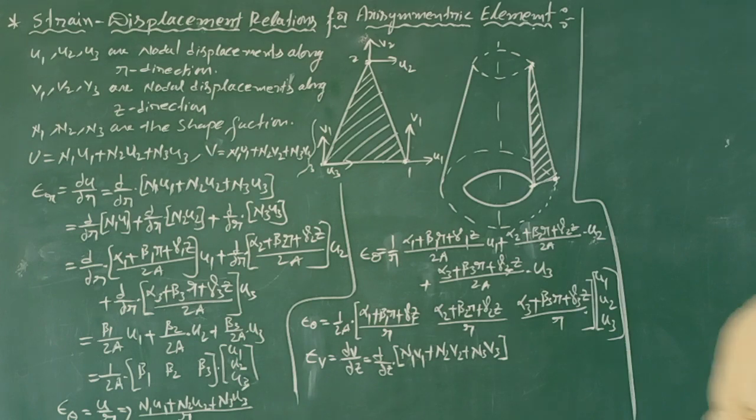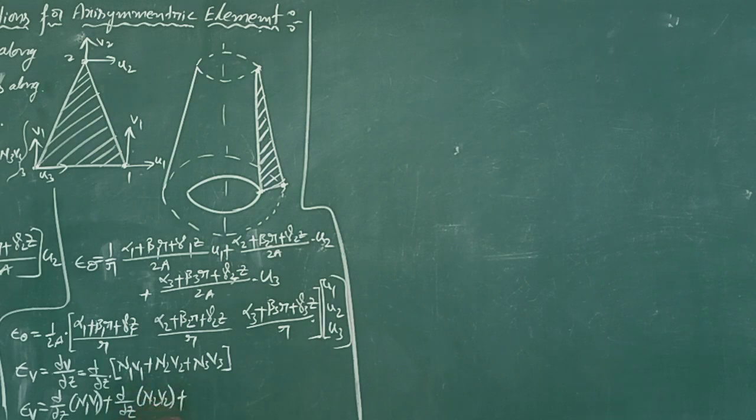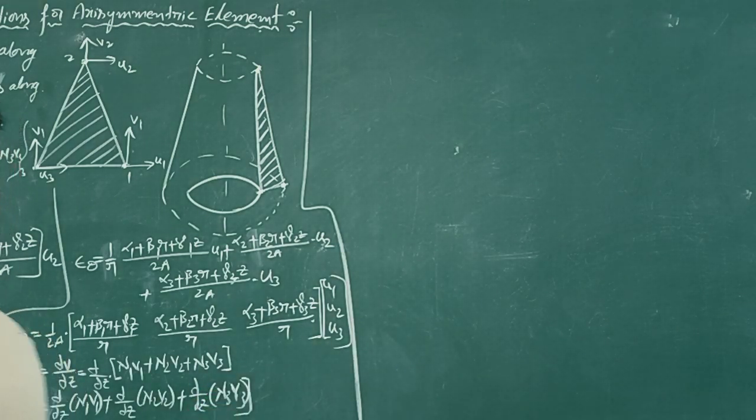So epsilon v is equal to dou by dou z of n1 v1 plus dou by dou z of n2 v2 plus dou by dou z of n3 v3. Okay, I just split it here.